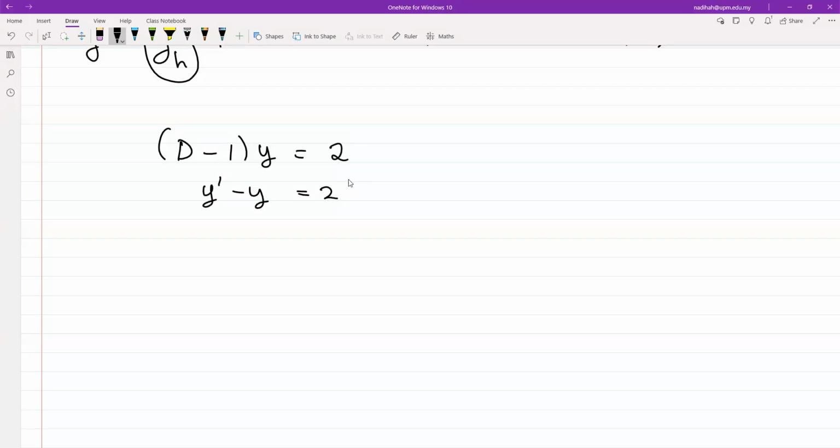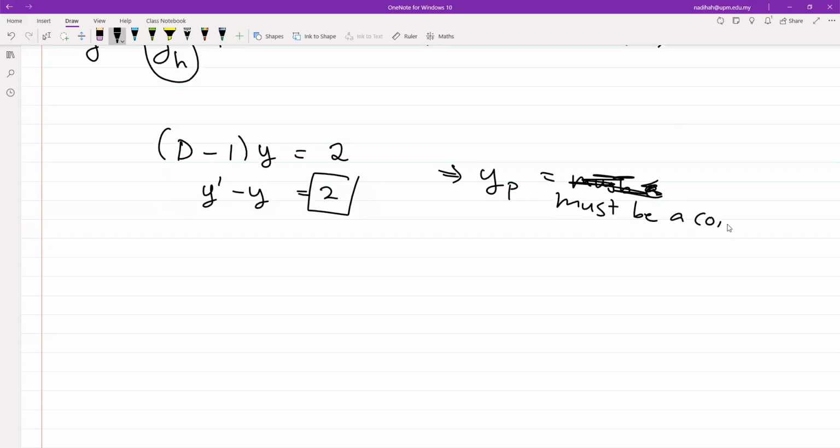So the last part will be a constant. Yang lain tu jadi kosong. So if it is a constant, therefore yp particular solution must be, mungkin saya kata yp sama dengan let's say c.